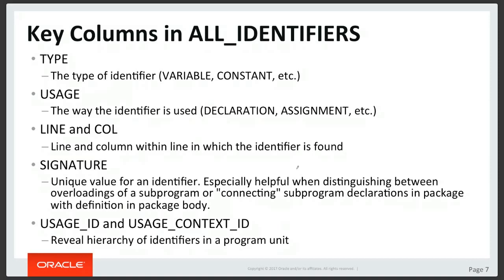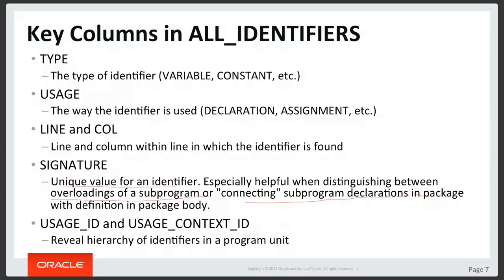So just having the same name is not particularly useful when you want to track usages across your code base. So instead, you have a unique value for every identifier, and you can then use this signature to distinguish between different overloadings of the same program, in other words, the same name, and connecting up subprogram declarations in packages with definitions in the package body, and basically tracking usages through your entire code base.